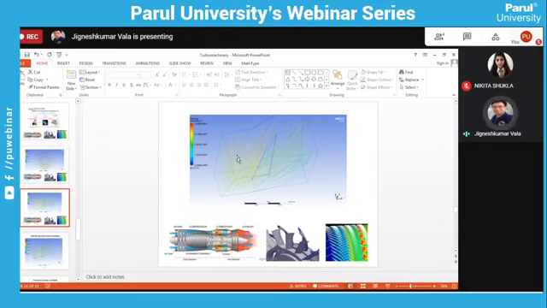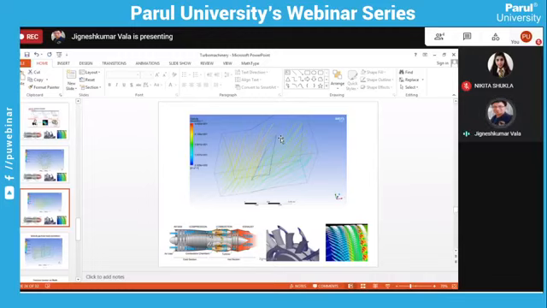Here, as I told you, the colorful images show that the flow is coming from the inlet part and goes to the outlet part. But inside the inlet and outlet, the model is mounted, and here the model is a plate. We have to observe how much pressure forms over the plate as well as below the plate.